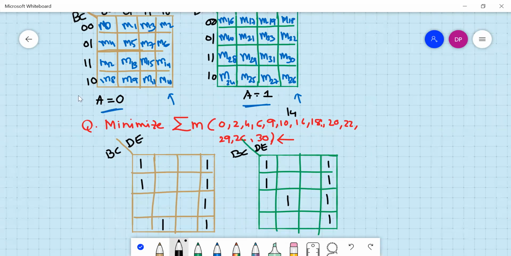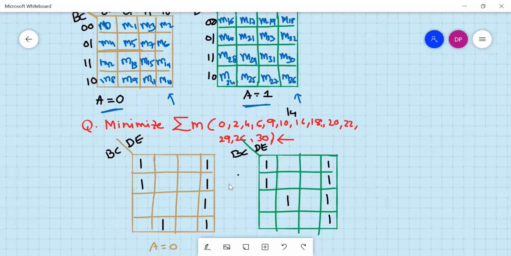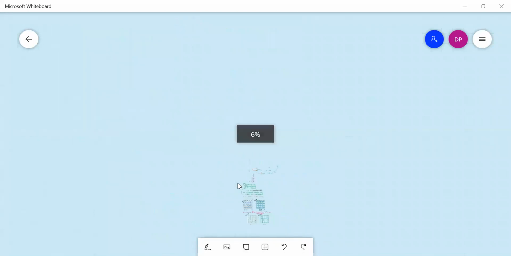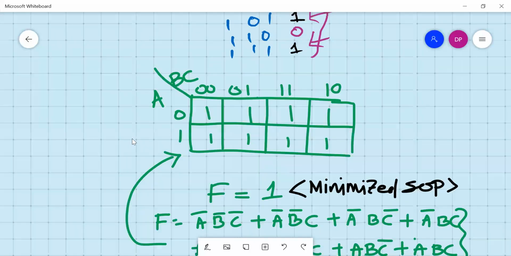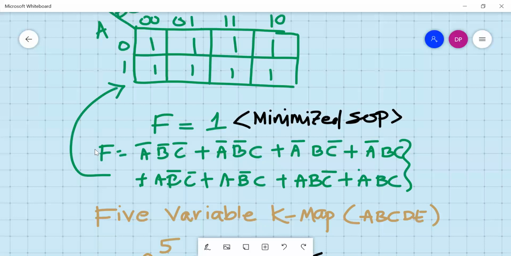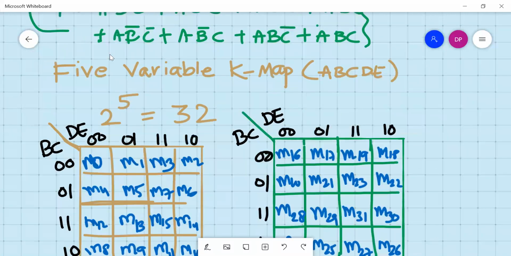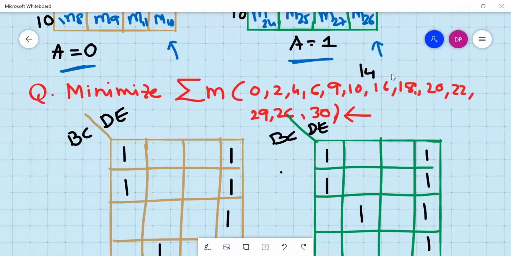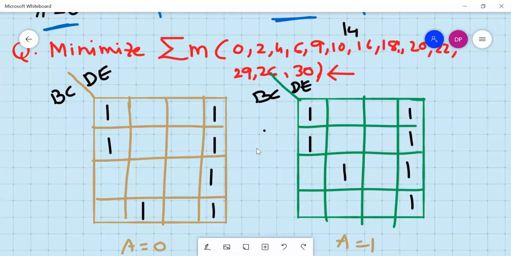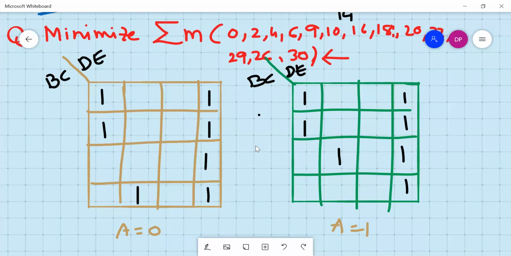Now how to make a group? This is the thing given, right?